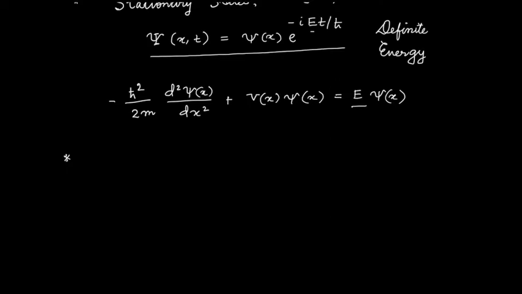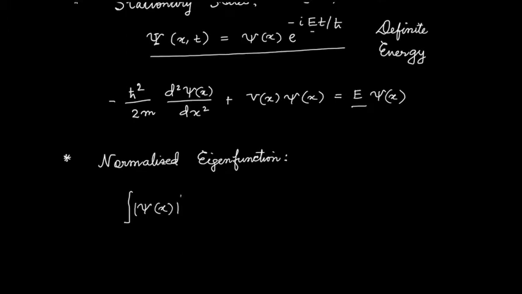So we also like to usually find normalized eigenfunctions. And that first will require that whatever psi we get, this |psi(x)|^2 dx is finite.